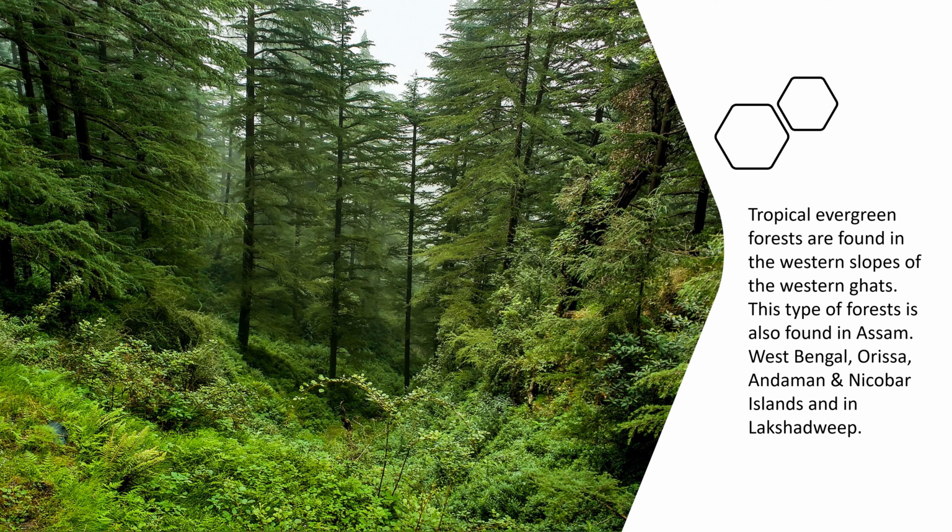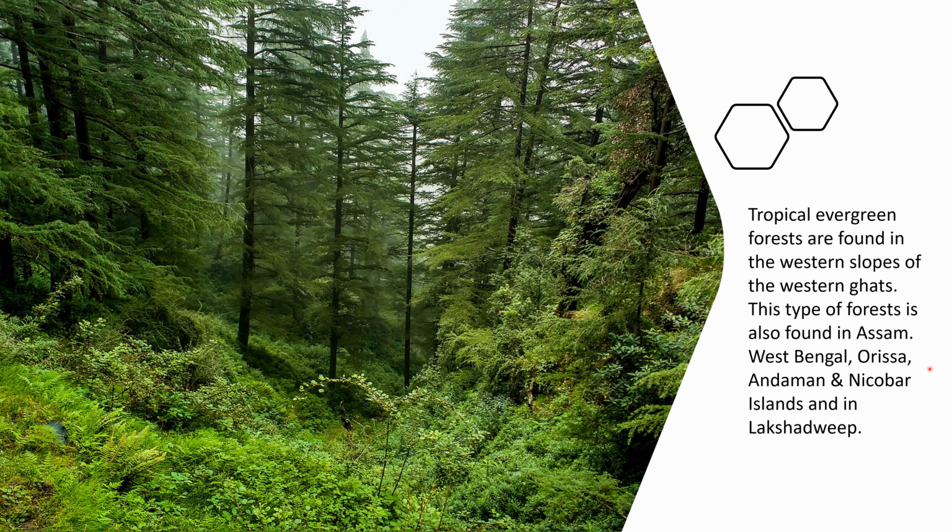Now, as far as the tropical evergreen forests are concerned, as I have already told you, they are found in the western slopes of the Western Ghats because these areas get rainfall from the approaching monsoons and they get very heavy rainfall to the tune of nearly 200 to 300 centimeters.